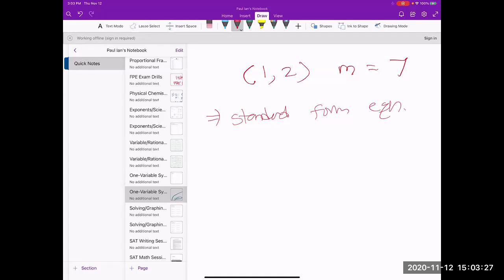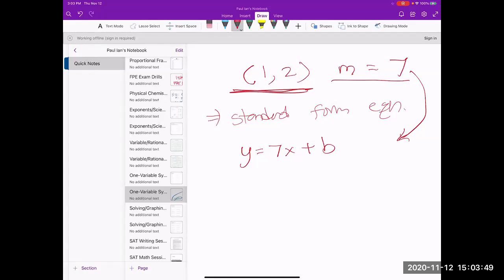So the very first thing I would do is form the slope-intercept form. So you have an m here, right? Yeah. So I would fill in what you have. So you have y = mx, so 7x plus b, yeah? Yeah. But you don't have b, right? No. But you're given this point that this line passes through.